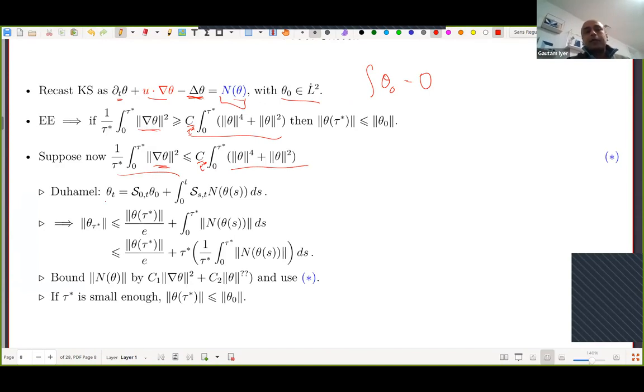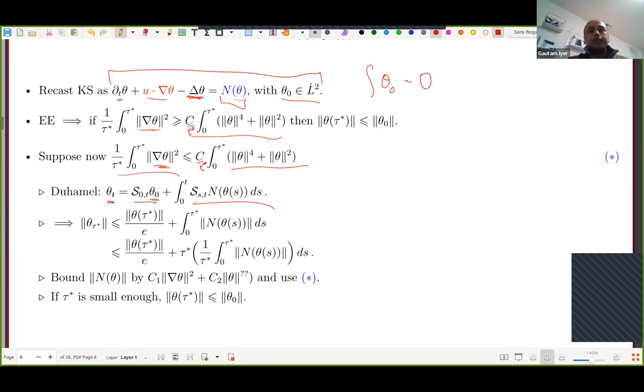First, I'm going to write down theta using Duhamel's formula. If this was the equation that gives the evolution of theta, let me write it in terms of Duhamel: theta at time t is the initial data times the solution of the linear semigroup, plus the nonlinear term, the time convolution you get from Duhamel. Then blindly take the L2 norm of this right-hand side.